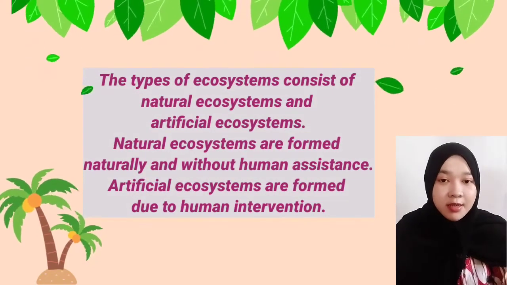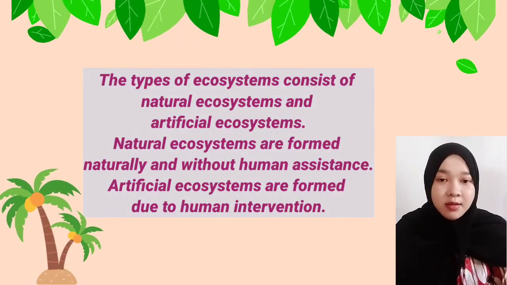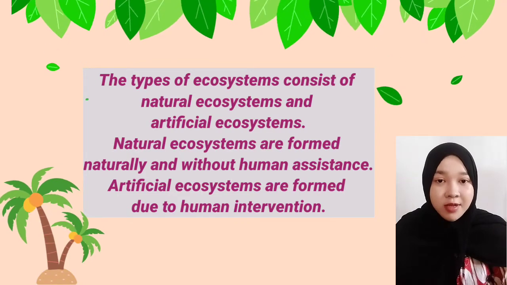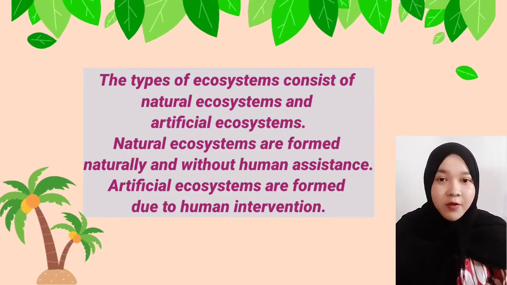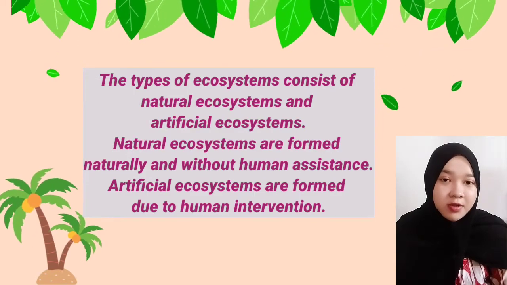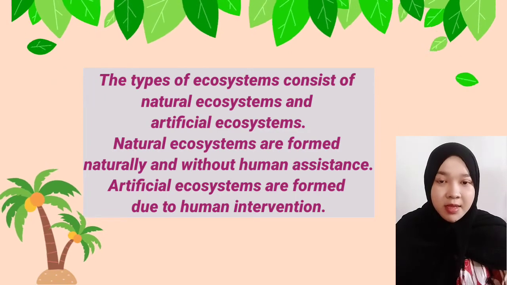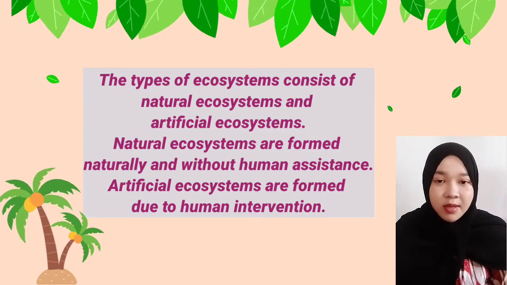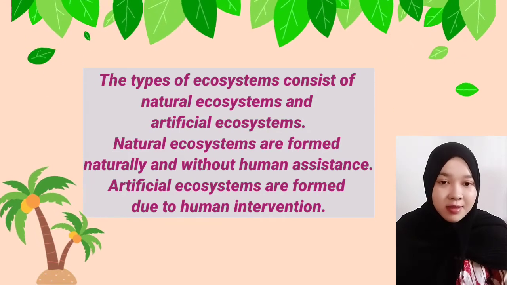Furthermore, in addition to ecosystem components, there are also several types of ecosystem. The types of ecosystem consist of natural ecosystem and artificial ecosystem. Natural ecosystems are formed naturally and without human assistance.